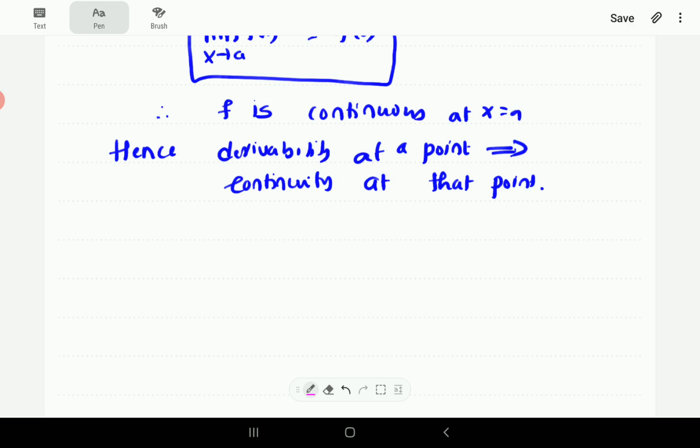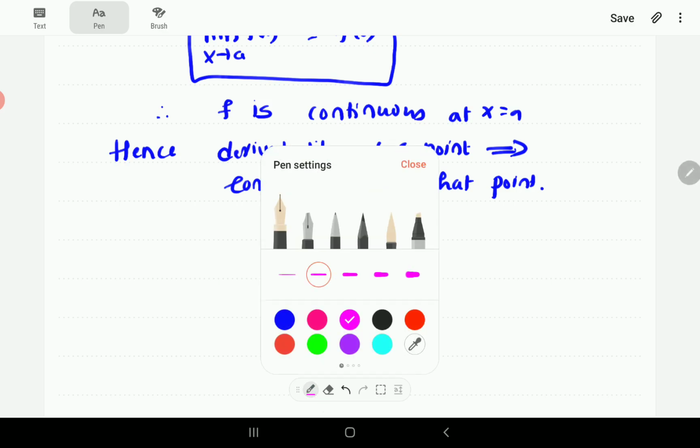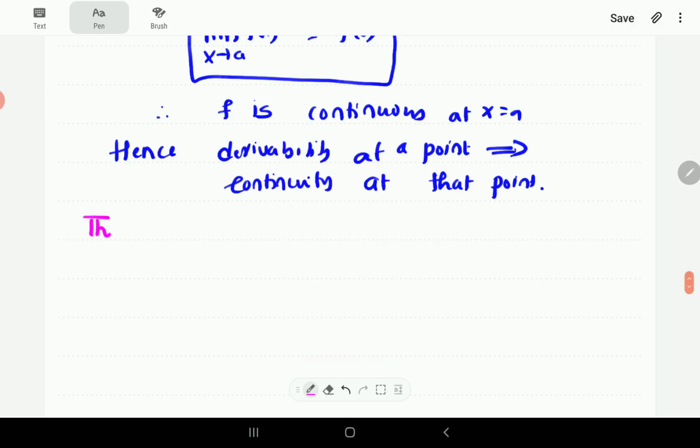The answer is that it need not be true. So let us say that the converse of this theorem need not be true.